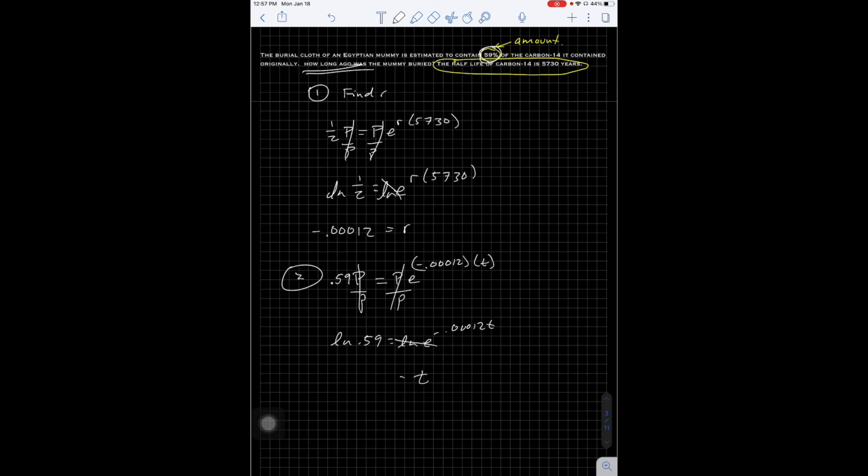And so T is going to be the natural log of 0.59 divided by my rate. Remember not to round your rate in your calculator. So I'm going natural log of 0.59 divided by that rate unrounded, and I get 4361.75 years. That's how old the mummy cloth is.